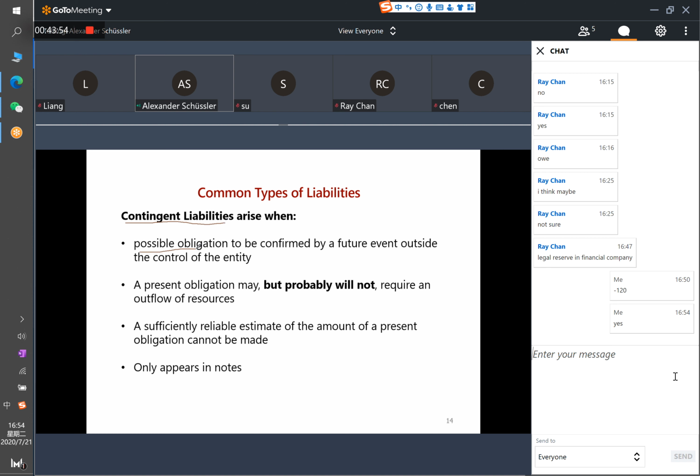But here it says the present obligation may, but probably will not, require an outflow of resources. Probably will not means less than 50% likelihood. This is the difference to the provision, which says more than 50%.